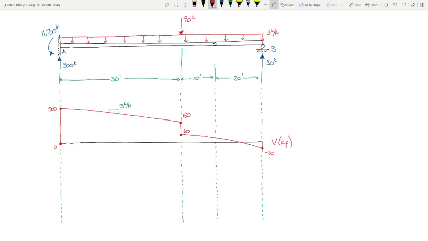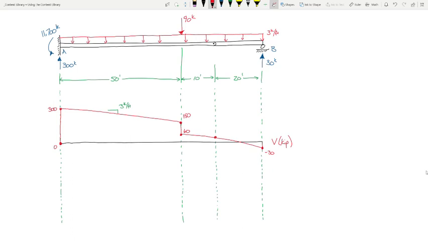So, okay, we ignored the hinge, right? Now I want to go back to it. Could somebody tell me what is the shear right here? 0 or no? No, hold on. So I'm at 60. If I'm at 60, how much do I drop from here to here? 30. So if I'm at 60, I drop down 30.